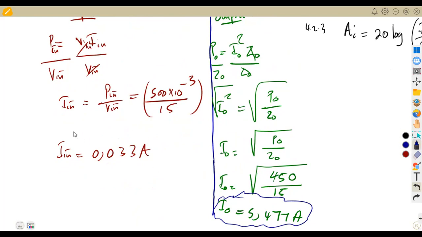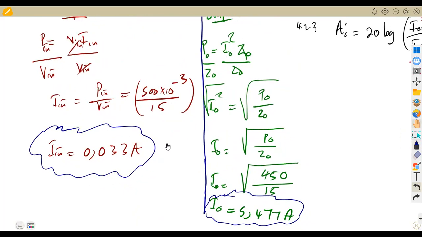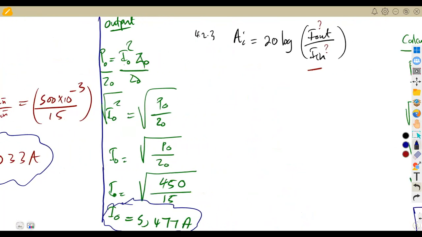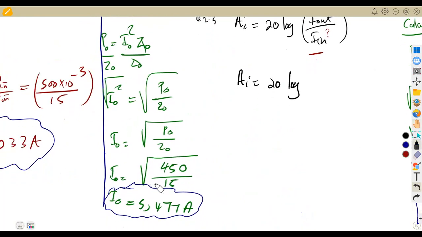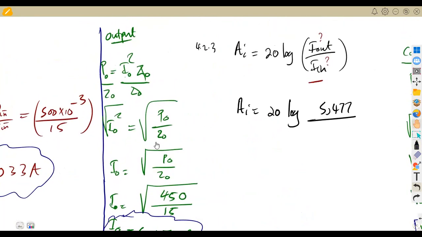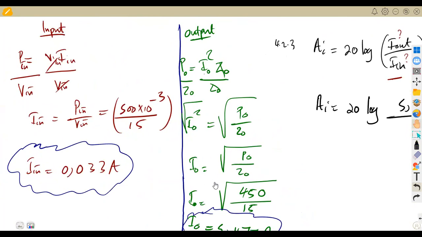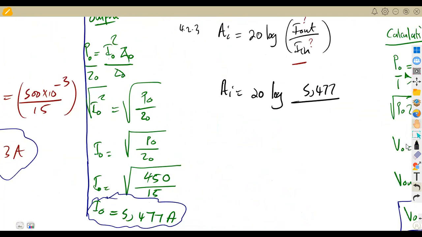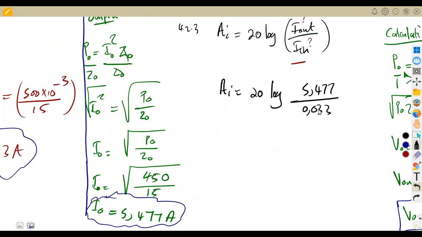So we have got the output current, and we have got the input current, so we can use these to calculate our gain. Remember, I said that the current gain is given as 20 log of the current at the output, 5,477, over the current at the input, which is I in, 0,033.